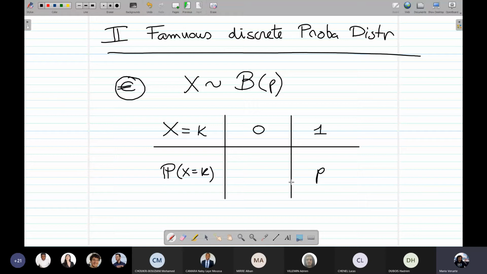So now, maybe Caroline, can you please tell me, if the probability that X takes the value 1 is p, what is the probability that X takes the value 0?